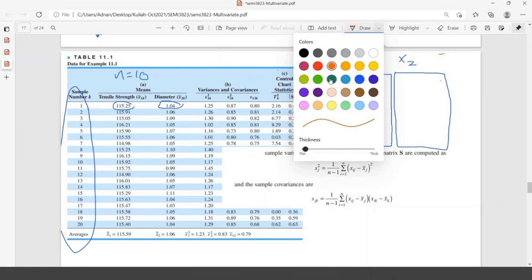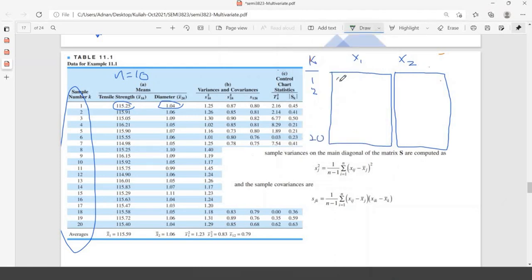Let's say the values of strength, you have 1, you have 2, until you have 10. 10 measurements. So every time he takes 10.